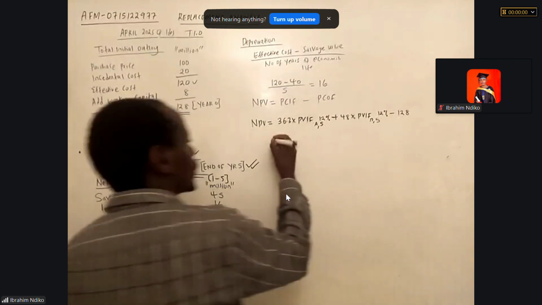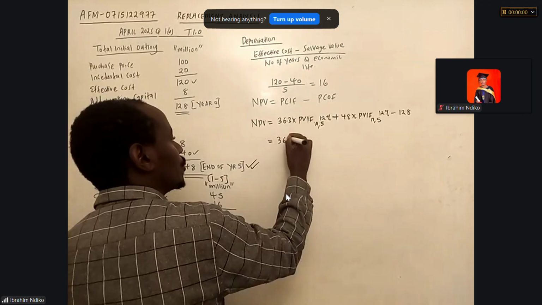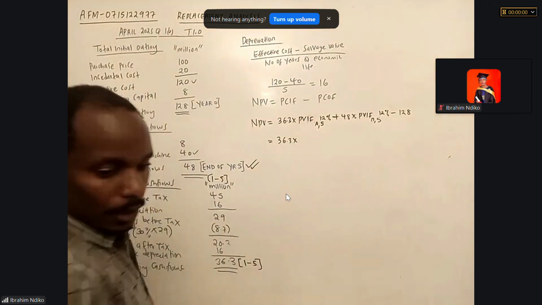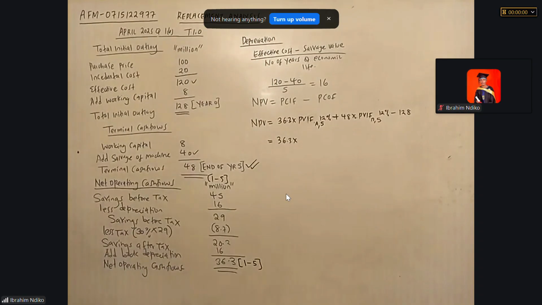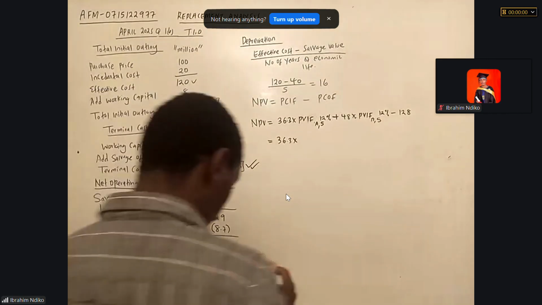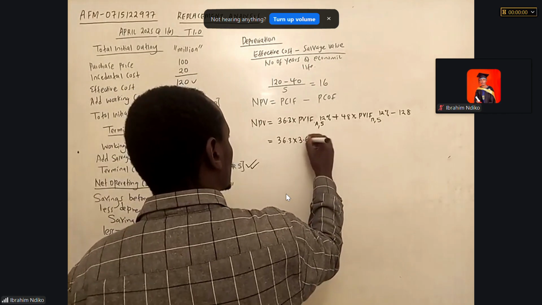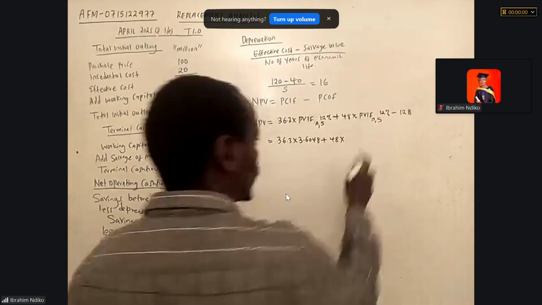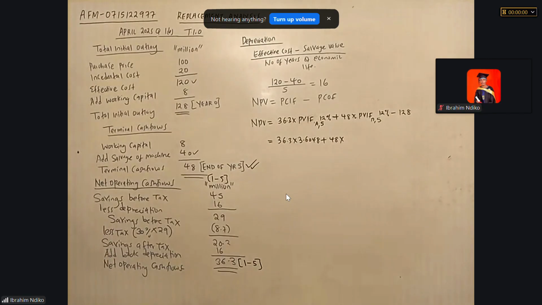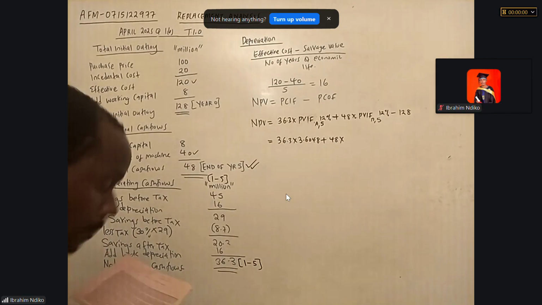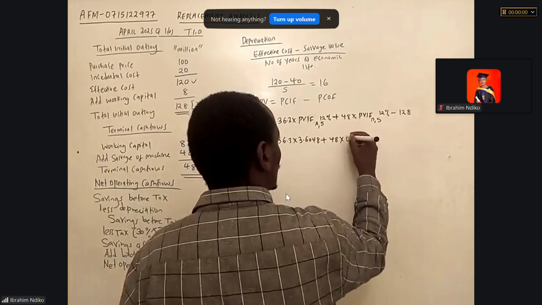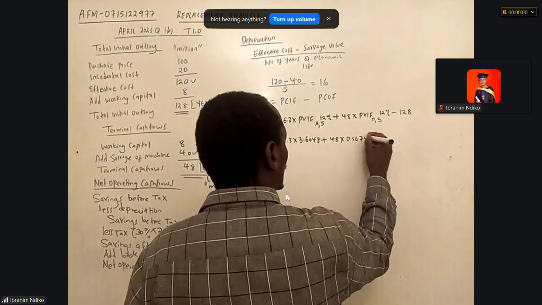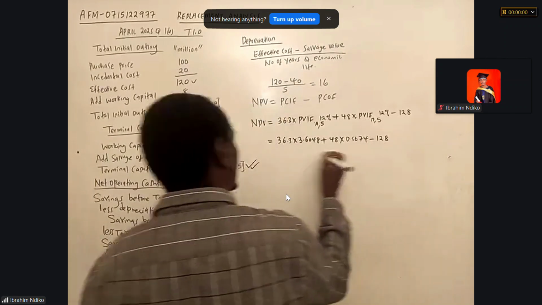Let's go to our table. That is 36.3. Now, annuity year 5, that is the table for annuity. So 12%. Itakuwa 3.6048. So 36.3 times 3.6048 plus 48 times, now this one is the upper table, the one for end period, 0.5674. Minus 128. So utapata NPV.